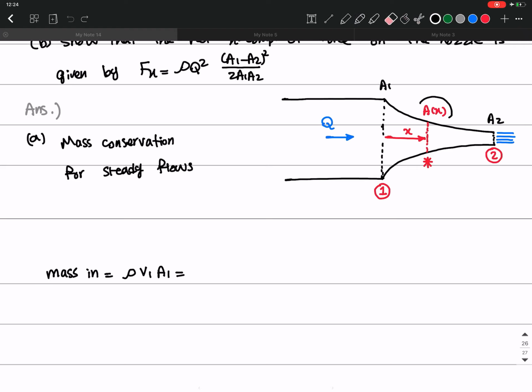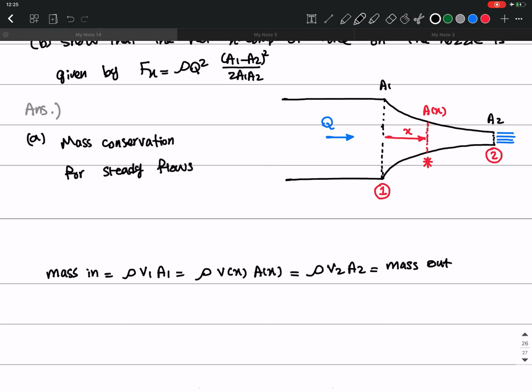Because of mass conservation in a steady flow, it equals rho Vx Ax and also equals rho V2 A2, which is the mass flux that goes out of this nozzle. So the mass that comes into the nozzle should equal the mass that goes out of the nozzle.